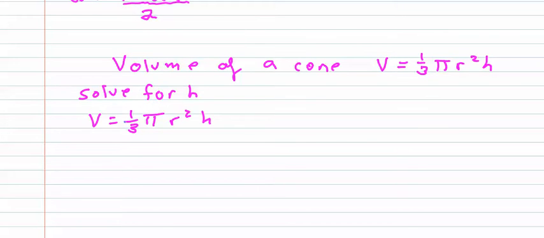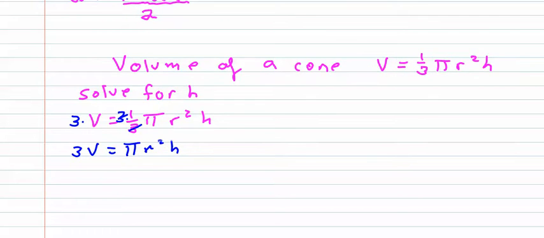First of all, I want to get rid of the fraction. And we've done that numerous times this year. What do I do to both sides of the equation to get rid of the fraction? I multiply by 3. The 3's cancel. I have 3v equals pi r squared h. Since this is all multiplication, whether I put a dot here and a dot here or not, doesn't matter.